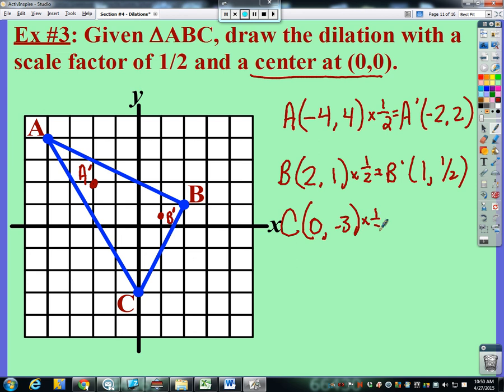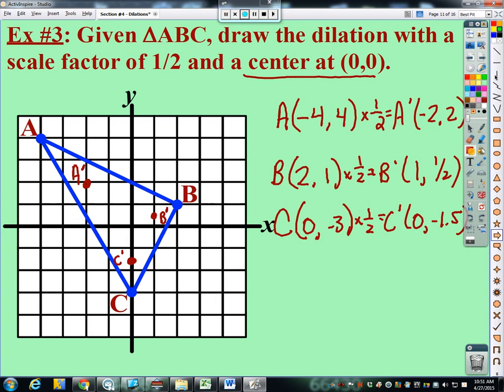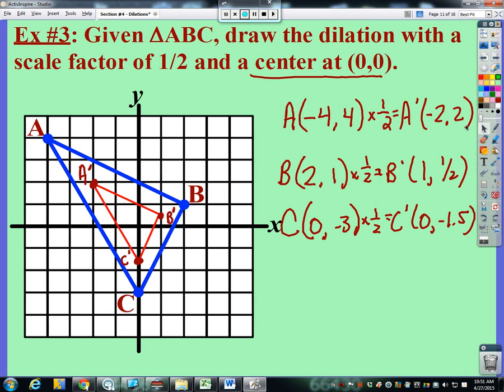And if I multiply its coordinates by 1/2, then C prime will be at 0, -1.5. So right here would be C prime. And so if I finally connect together my A prime, B prime, C prime back up to A prime, I will have my dilation with scale factor of 1/2 at a center of 0, 0.